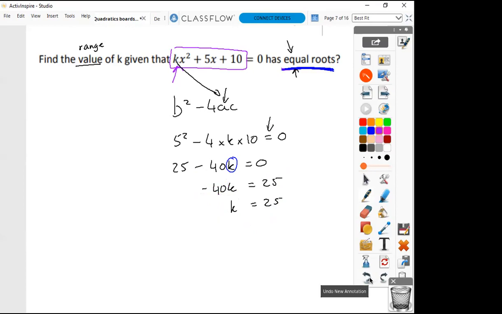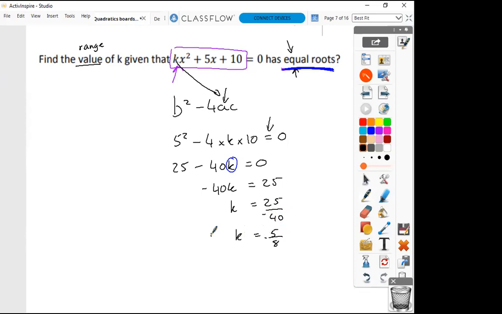So I have 25 divided by negative 40. I want to simplify that down. 5 goes into the top line 5 times. 5 goes into the bottom line 8 times. Still a negative. That would be my answer. Negative 5 over 8.